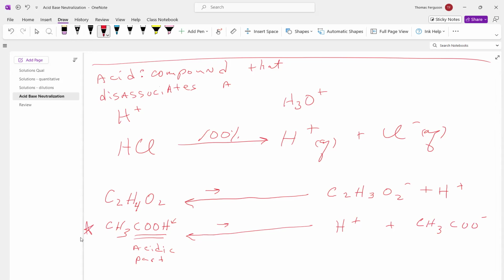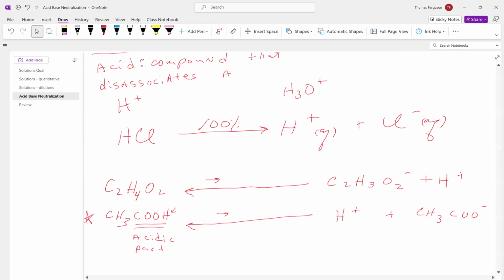And look at the 2 arrows. Little arrow said a little bit of H comes off, but not a lot. Big arrow means that most of it is on the left as opposed to the right. Contrast that to strong acid where everything is on the right, nothing on the left. Strong acid, everything dissociates. Weak acid, part of it.